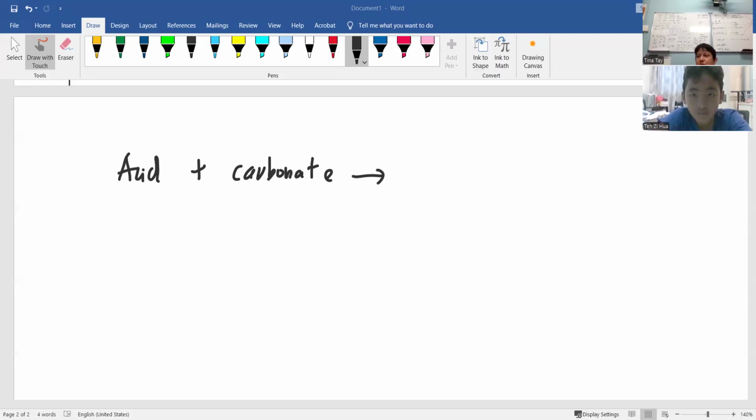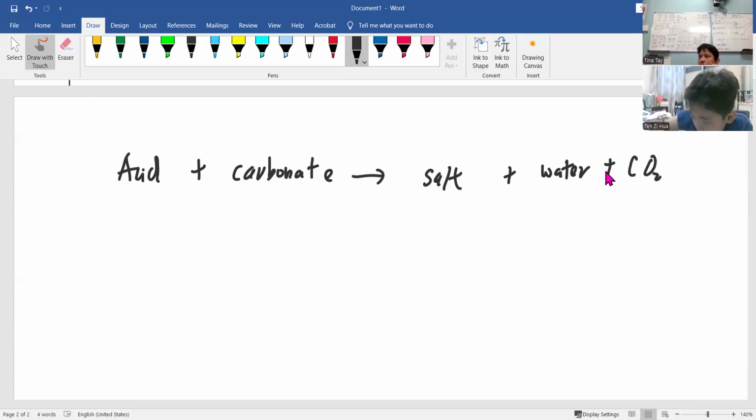Acid and metal, acid and base, acid and carbonate. Salt, yeah, and then water. One more thing: and carbon dioxide. Yes, correct. Okay, you get salt, water and carbon dioxide. Now, do you think this is something that we can measure the rate of reaction for?